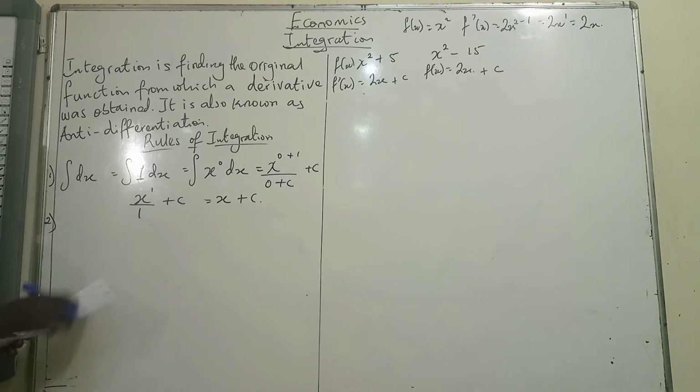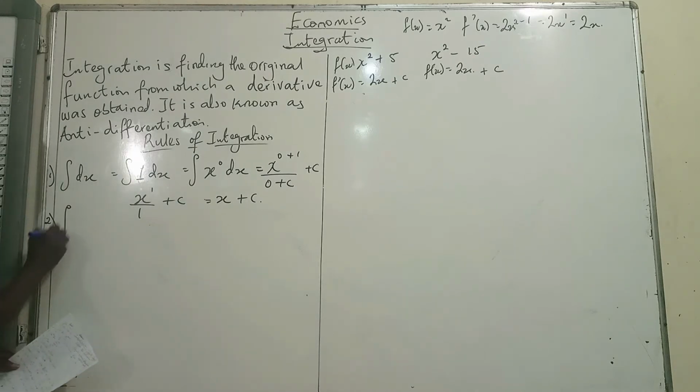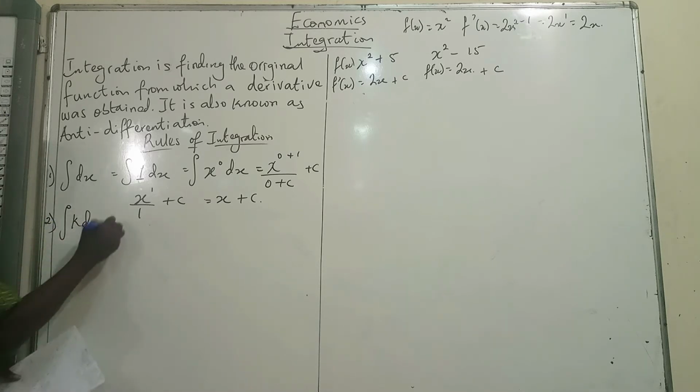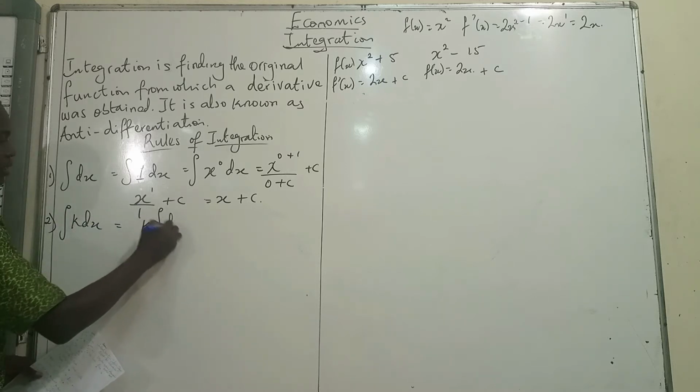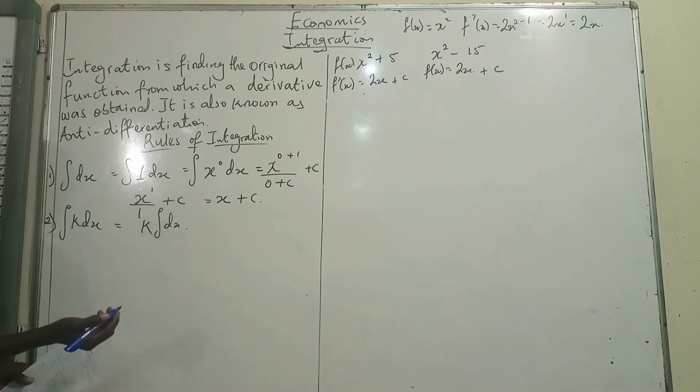Now the second rule says when you have integral k dx, k being a constant term, it's the same thing as saying k, bring the k outside, integral dx. Where is this useful?